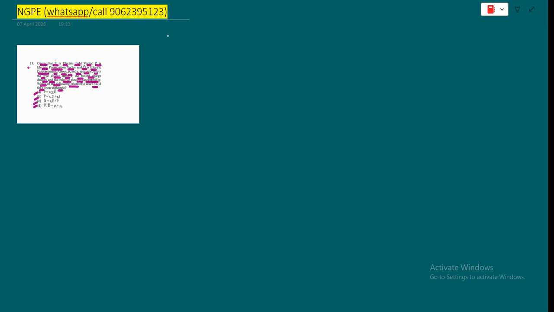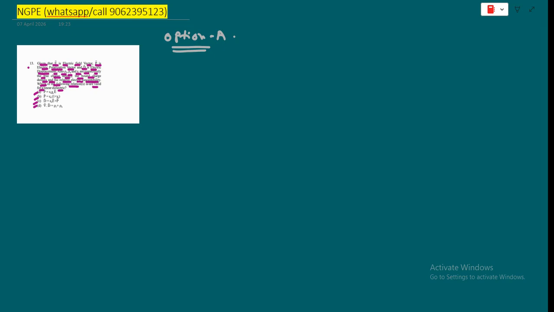We can take option A first. Now in a linear dielectric, the polarization vector P is directly proportional to the applied field vector E. So it's like a puppet.